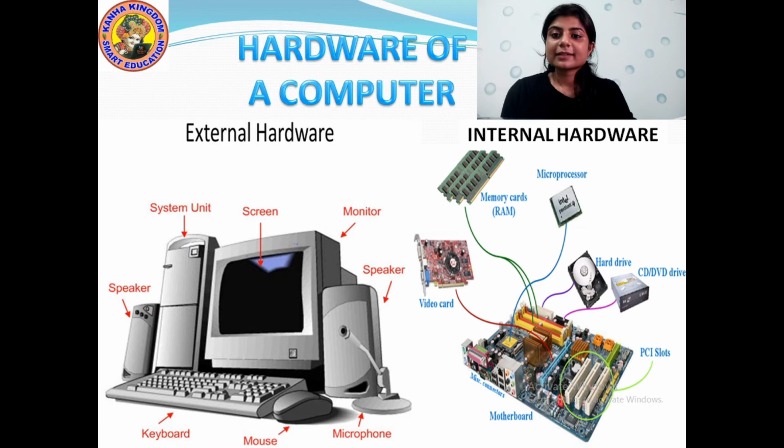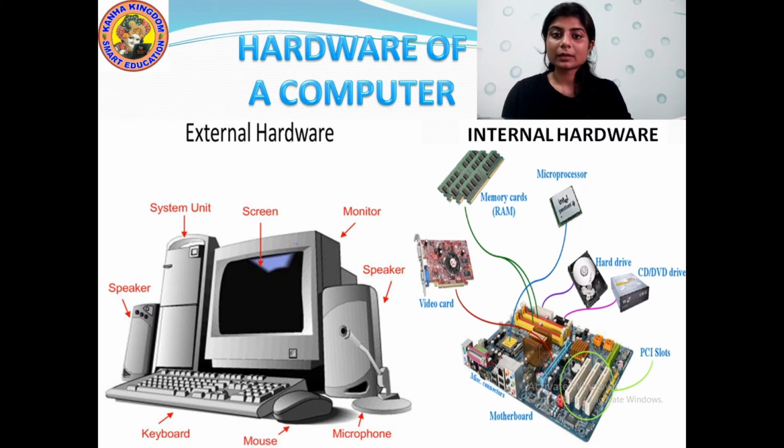So see students, these are some pictures of the external hardware and internal hardware of a computer. External means outside, which we can see and we can touch them. Internal means inside the computer system, which we cannot see, but we can see them only when it is open.